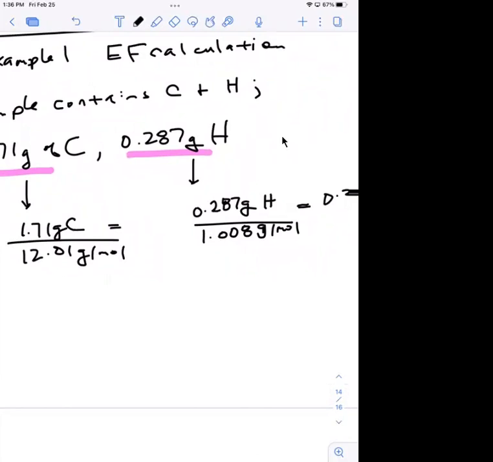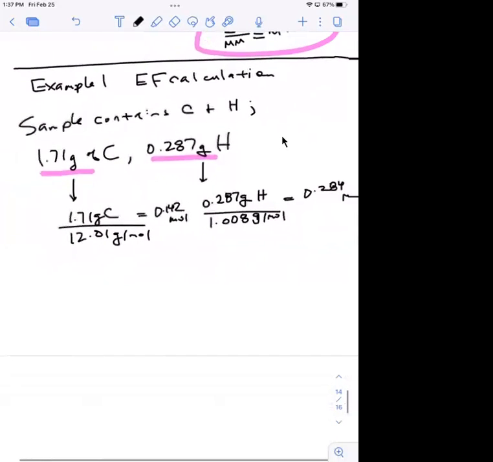What about the carbon? 0.142. So 0.142 moles. When we're doing the empirical formula calculation, if you have the mass of each of the elements, you can figure out how many moles of each element is present.